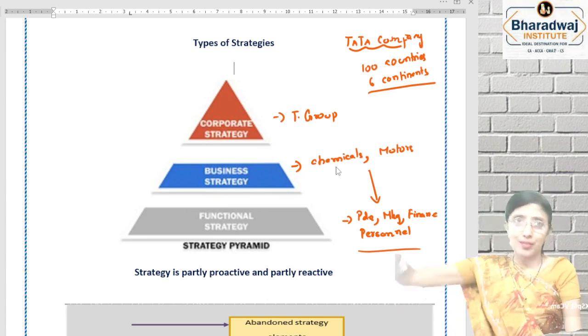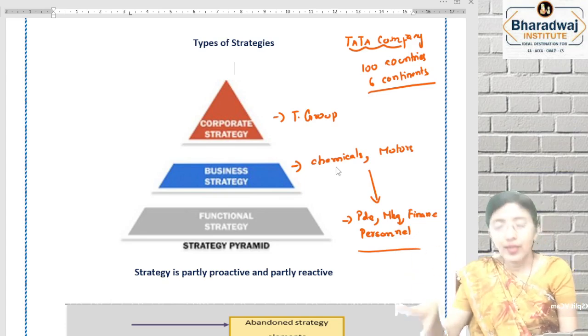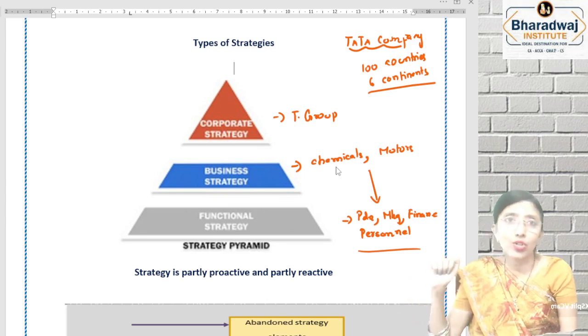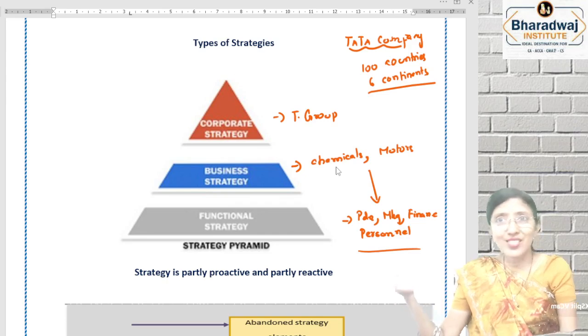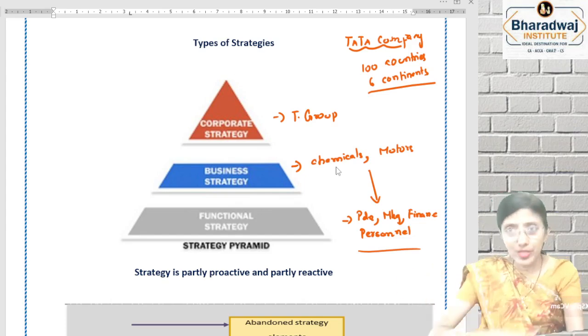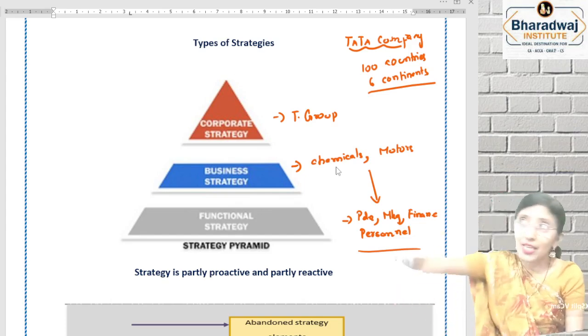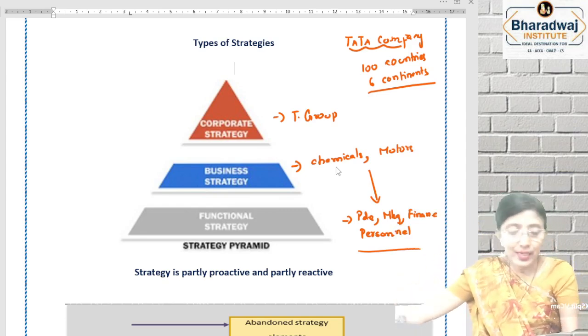You can say, for example, to explain this pyramid from business context, Tata Group as a whole, which is operating across 6 continents in 100 countries. They are in some of these business, and in many of the chapters, I have given you the entire business of Tata. I will also show you our slide towards the end of it.